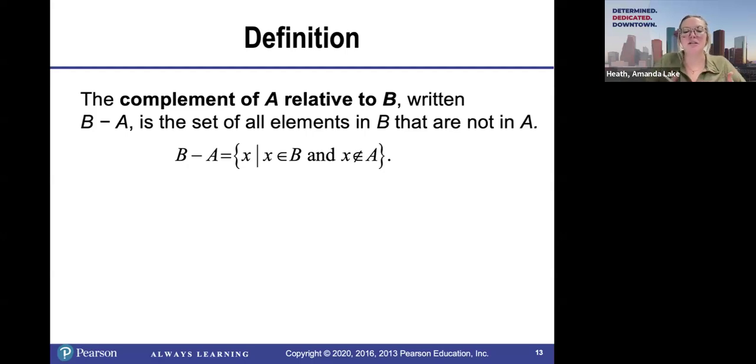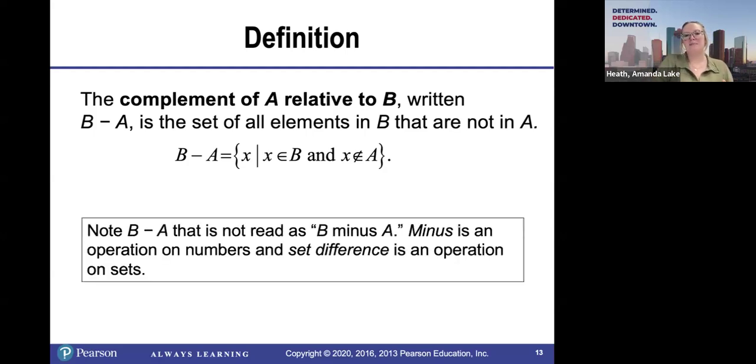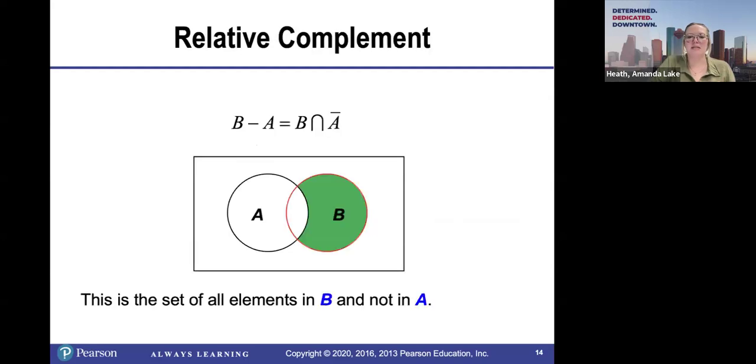But the set difference of A and B is written as x, such that x is in B and x is not in A. So again, we say set difference, not minus.